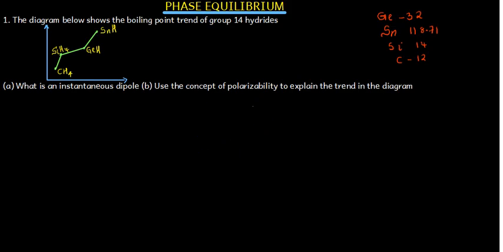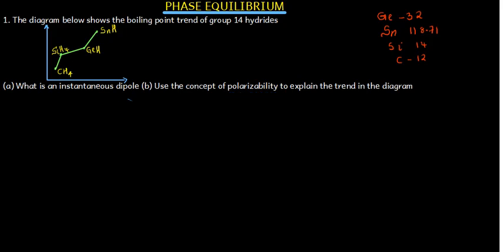Now, use the concept of polarizability to explain the trend in the diagram. The question is, why is it that this compound has a much higher boiling point in comparison to this, that, and that? When you're talking about polarizability, this is simply the ease with which electrons are distorted.